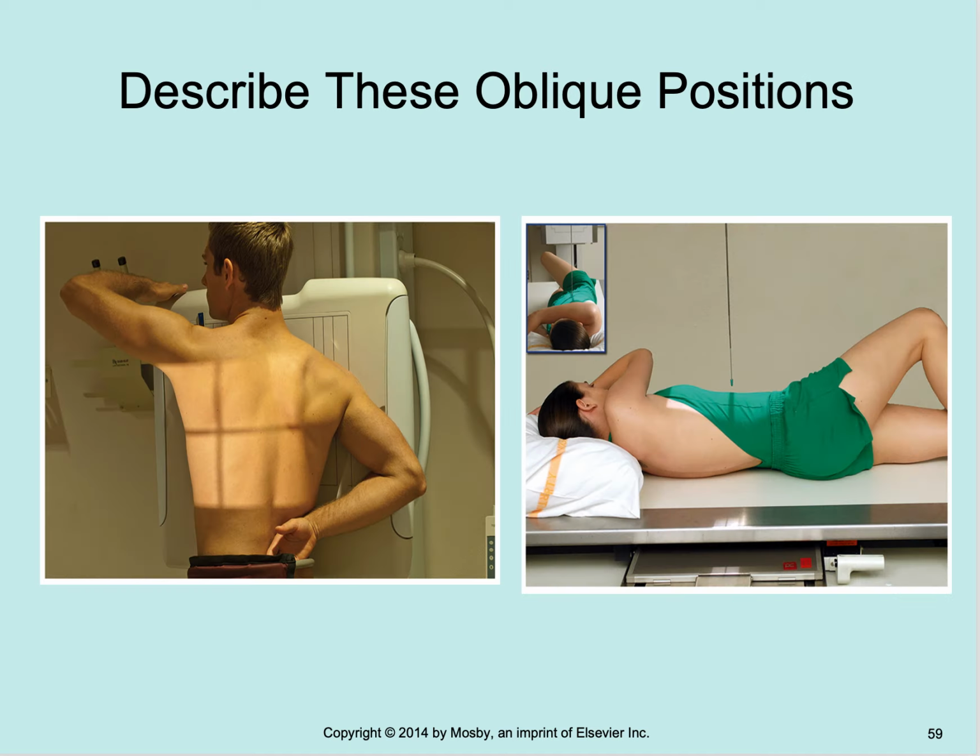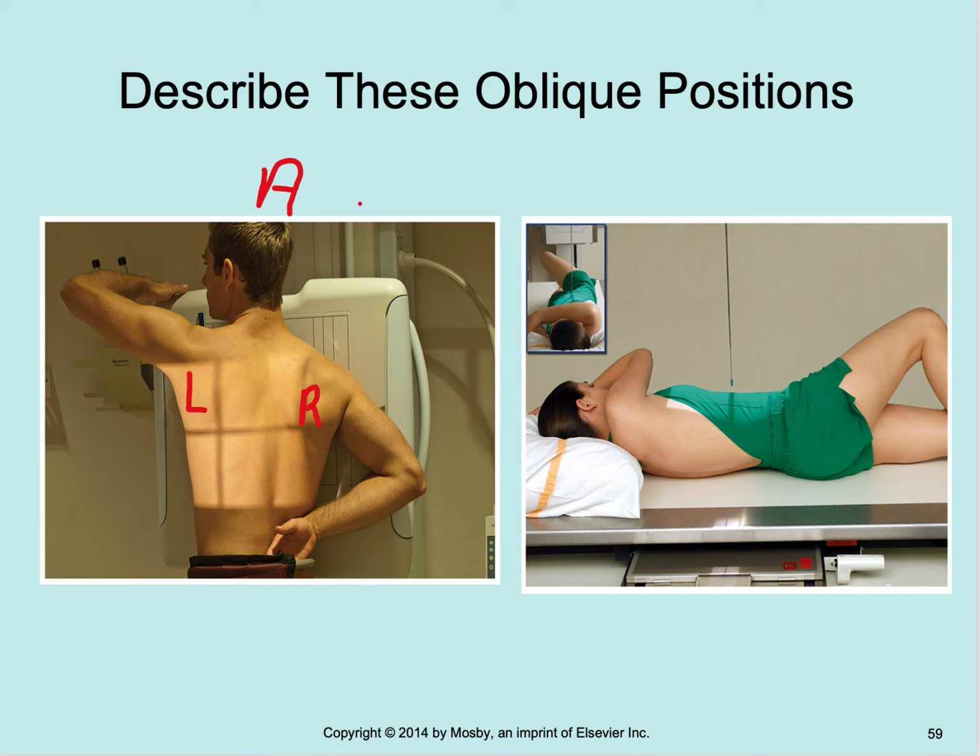Moving on to the next slide, we have described these positions. What we need to do is look and decide: do we have an anterior side closer or a posterior side closer? This is our anterior side that's closest, right? Then we look here, this is the right side of our patient, and this is the left side of our patient.